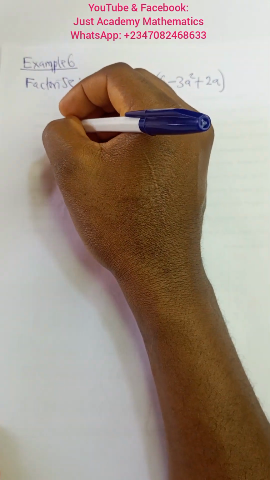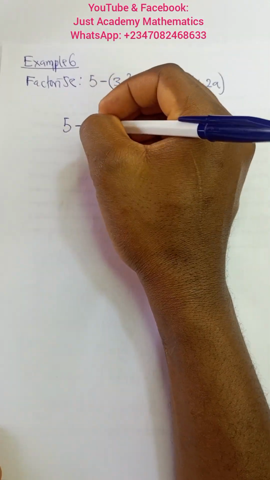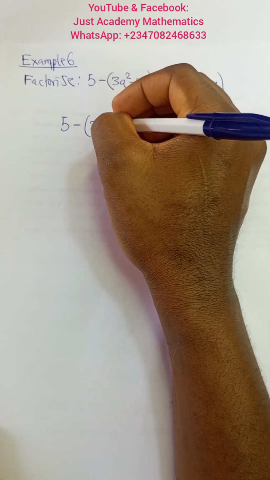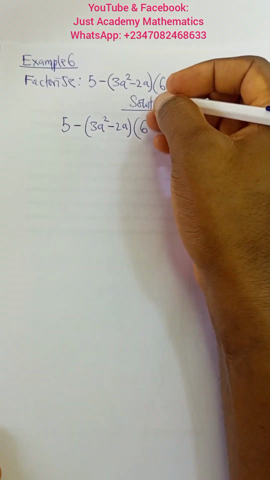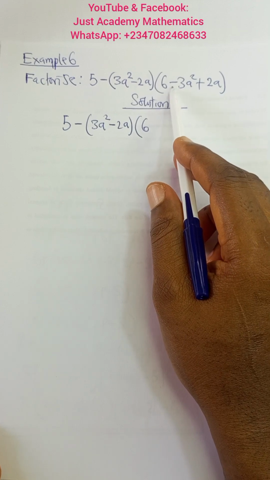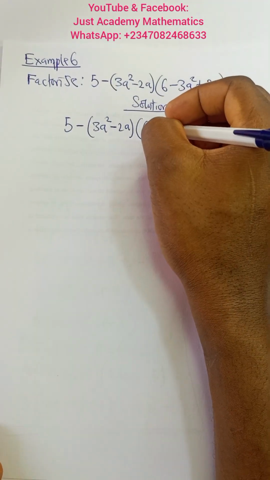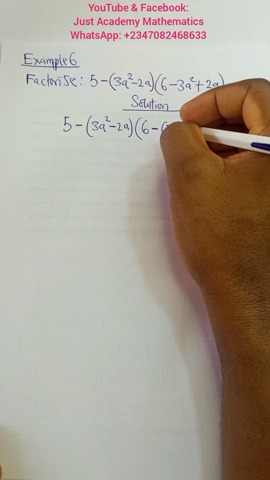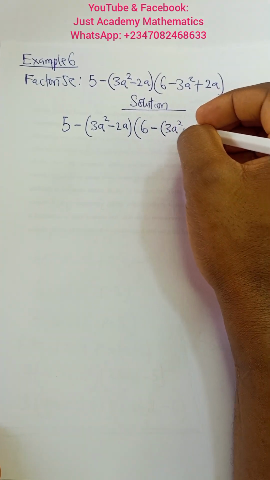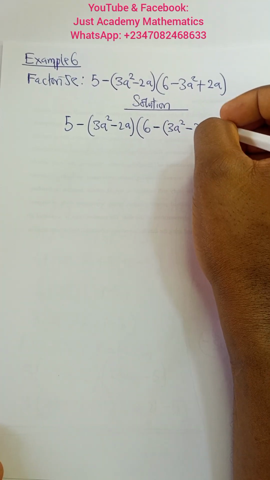This is what I mean. So we have 5 minus 3a squared minus 2a bracket 6. You see this place here? Let's bring this minus out. If this minus is out, this bracket will now be 3a squared minus 2a.